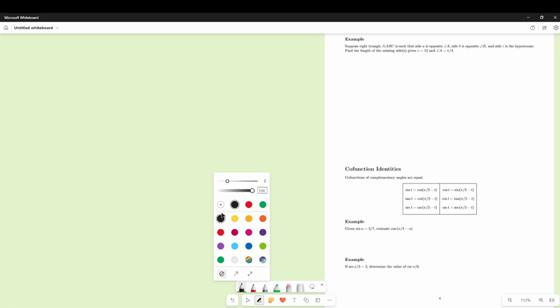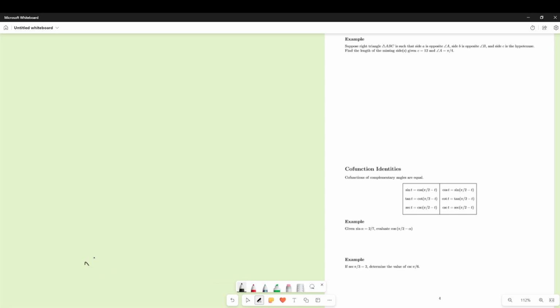So if we consider our triangle with our standard labeling, so angles A, B, and C with side lengths little c, little a, little b. We're told this is a right triangle.